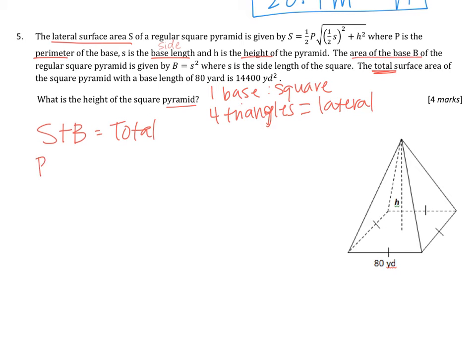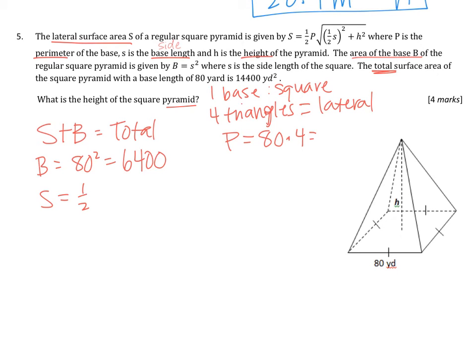So the base one is kind of easy. So base is just the side squared, 80 squared. So 80 squared should be 6,400, but let me check. Yes. And so even the S, we can plug in what we know so far. So we've got 1/2. The perimeter is just when you add up the 4 sides. Perimeter is 80 times 4.